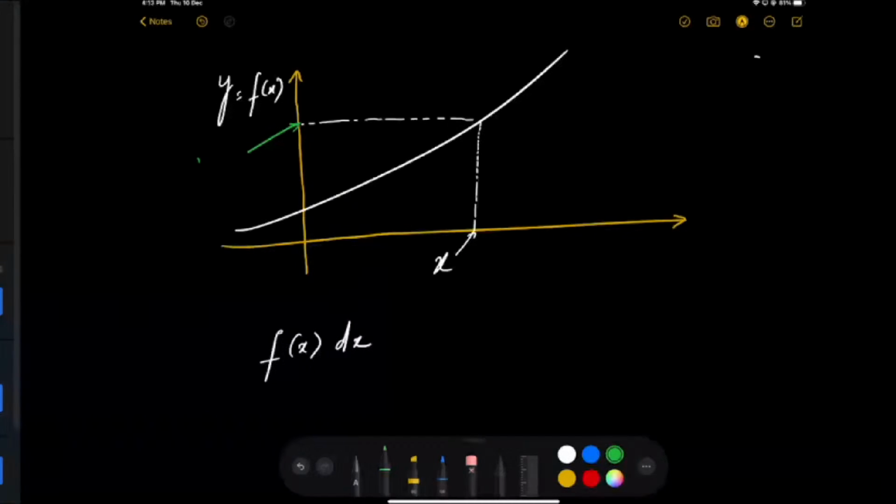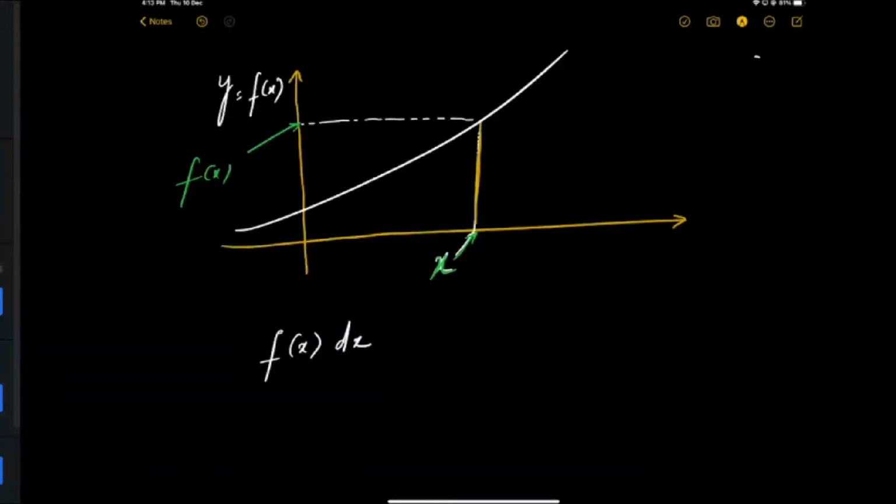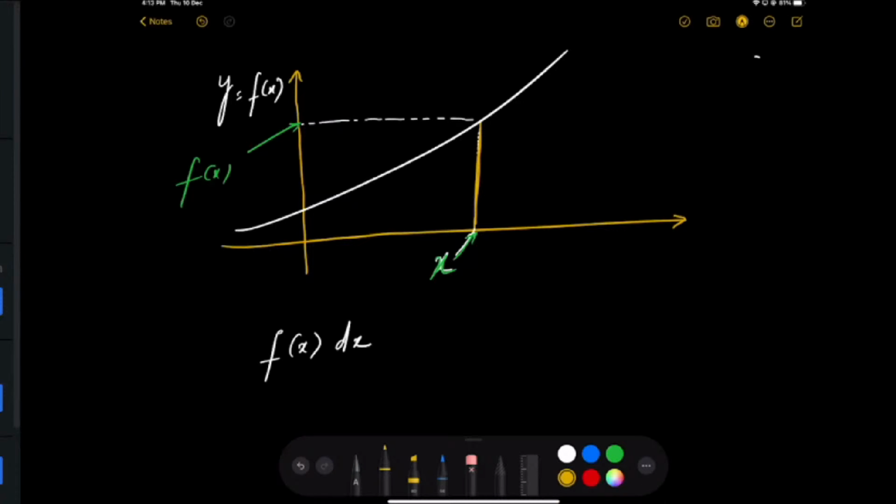If this is x, this is the value of f of x. Now what is the meaning of f of x times dx? So f of x is the length of this line, times dx. Dx is this small change in x. So f of x dx is actually length into breadth of this rectangle. So you'll get the red area here.